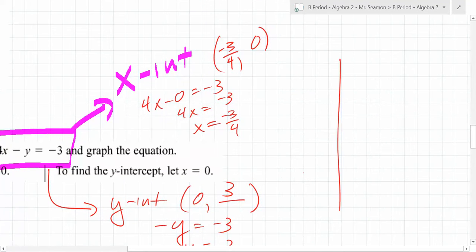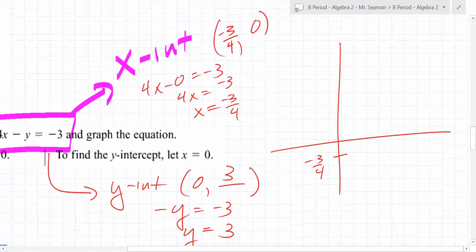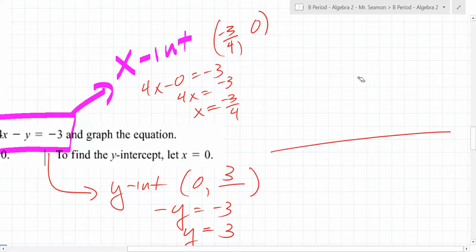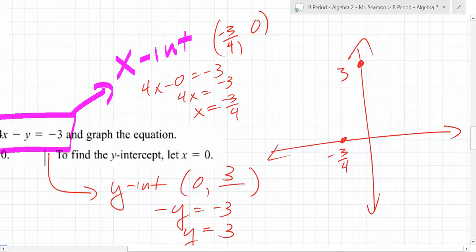You plot them. (0, negative 3/4). Let's say that that's right there. Oh, sorry, (negative 3/4, 0). I plotted that backwards, didn't I? So (negative 3/4, 0) will be, let's say, right there. And (0, 3). What do you do with those 2 points?